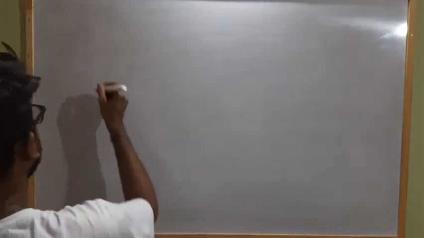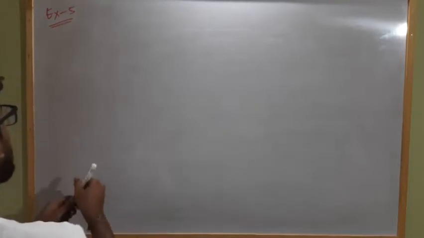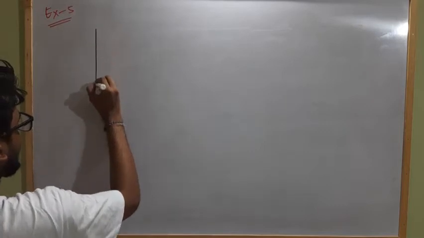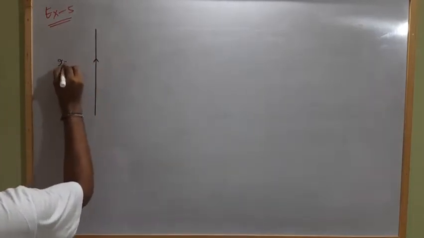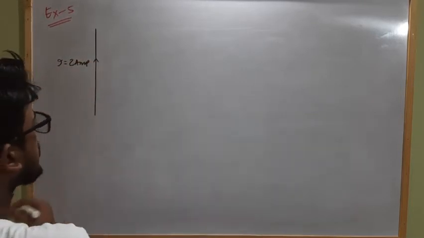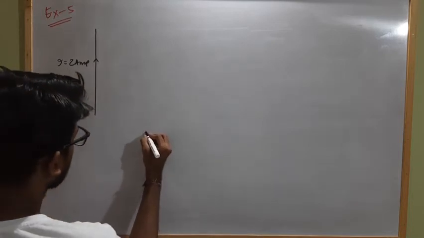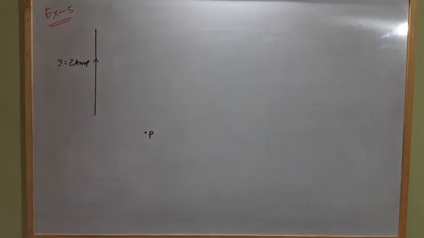Now let's take another example. If here is a long straight current carrying conductor which carries current I equal to 2 ampere, and the point of observation is at this point P. Here is the point of observation and here is the long straight current carrying conductor.